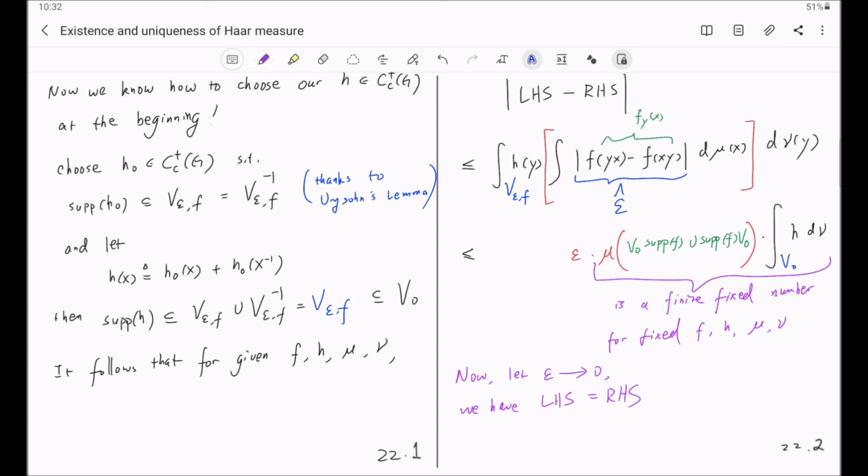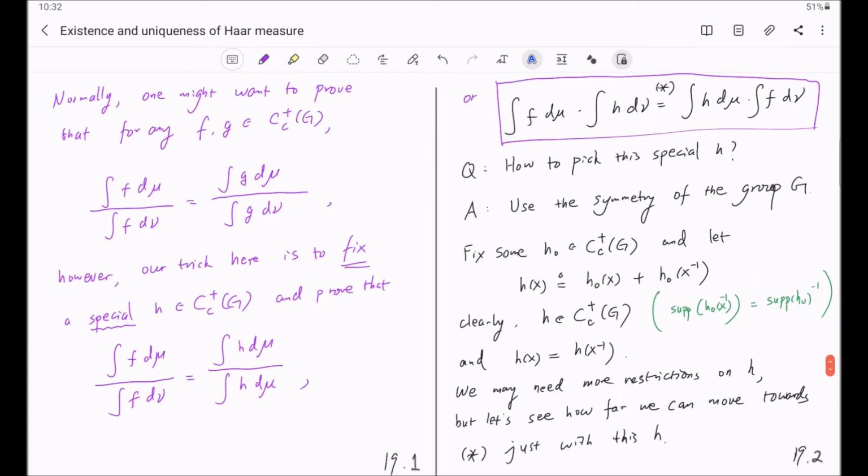Because remember, left hand side equal to right hand side means that we can establish this equality, which will give us the equivalence of those two quotients for this fixed h and any f in C_c^+(G).